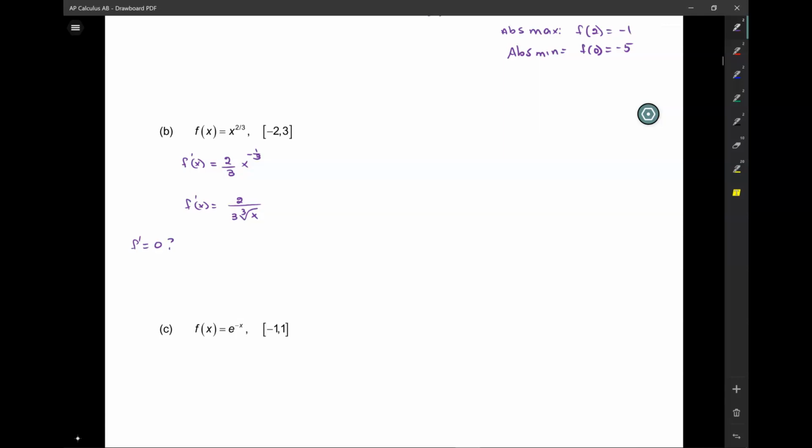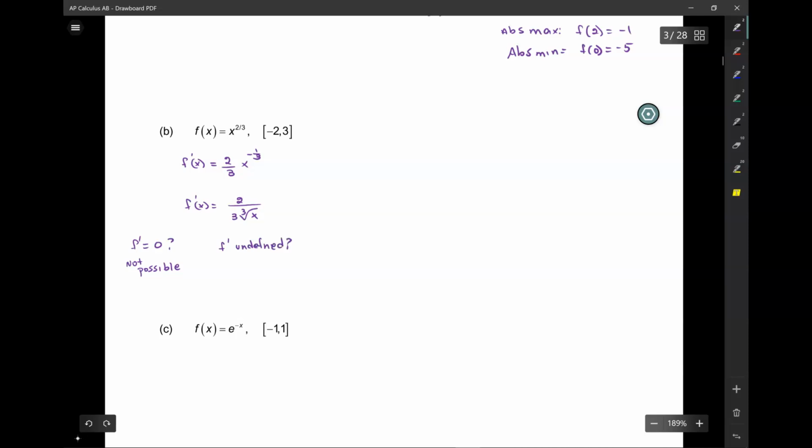Nowhere, right? If you have a rational function, how do you see where it equals 0? You basically set the numerator equal to 0. But the numerator is 2, it's never 0, so that's not possible. And then you say, where is f prime undefined?